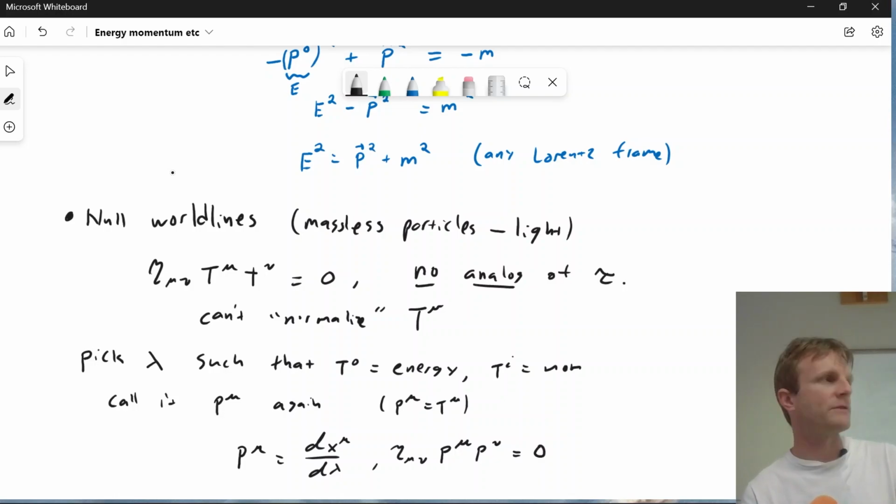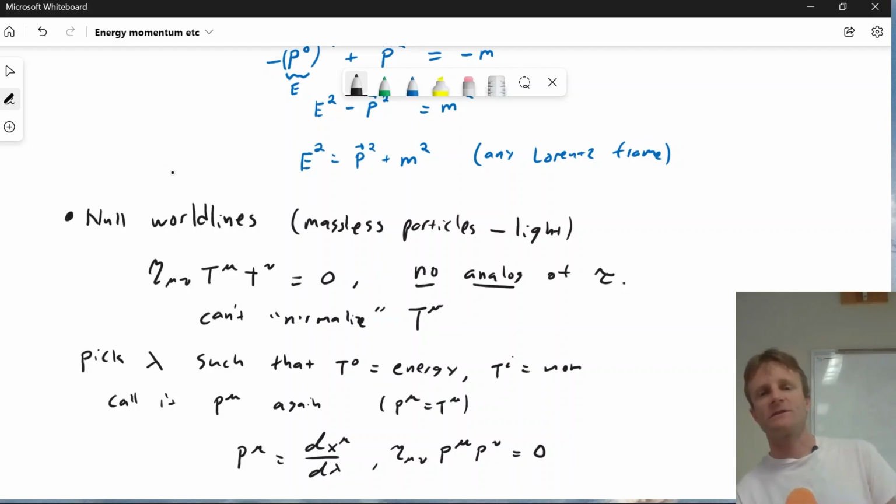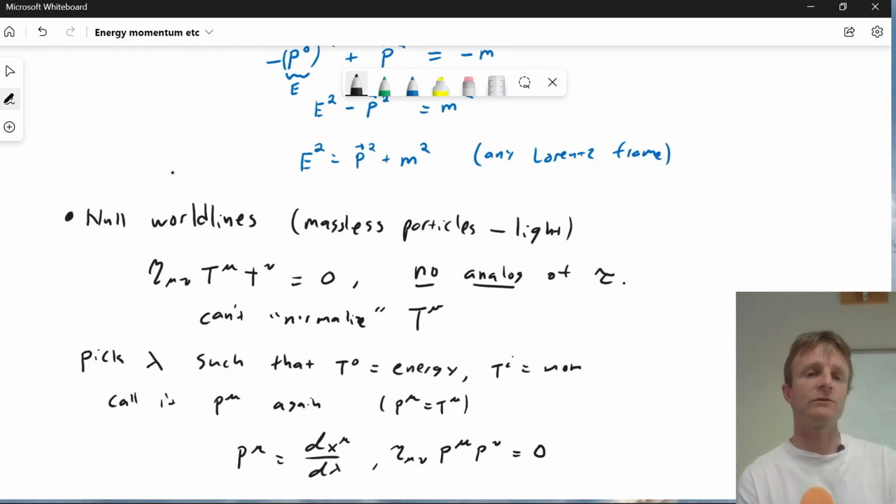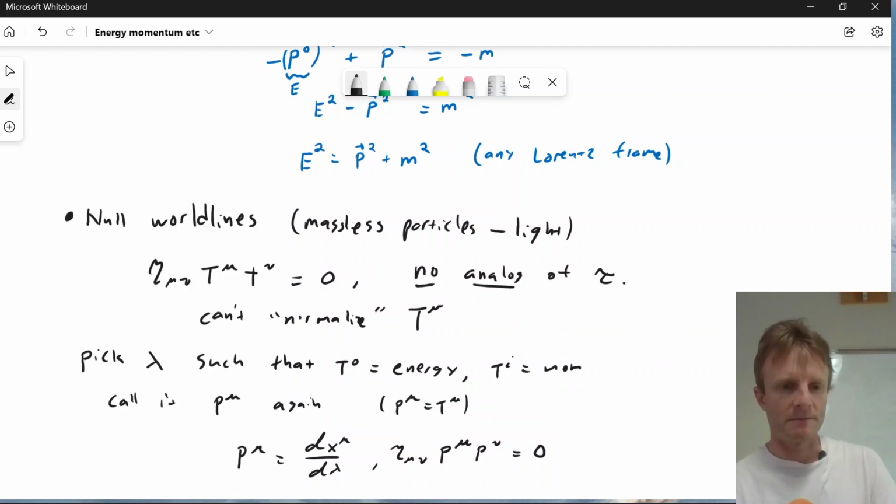But there's no way to find lambda by imposing this normalization condition in the same way there was with tau. This normalization condition isn't really a condition. It's part of the definition of a null world line that this is true. So this will be true with any parameterization. But we just pick lambda, according to the physics of the problem, so that dx mu d lambda is p mu, usually.